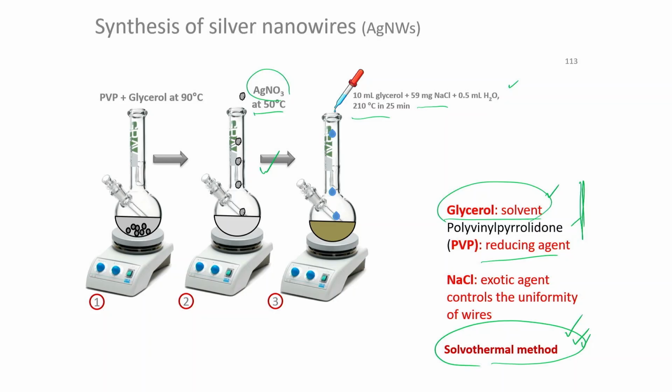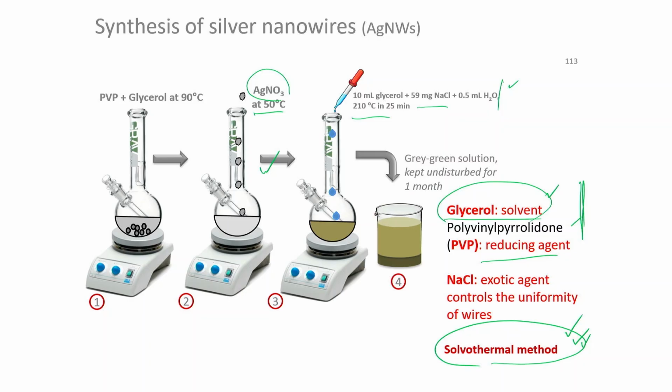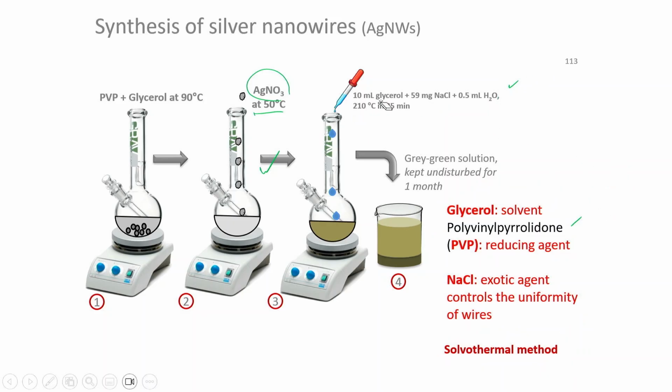That was the temperature we have kept here, and then we have let this solution cool down and left it for 1 month. After heating for 25 minutes, a greenish gray solution was produced. This gray green solution was kept undisturbed for 1 month.